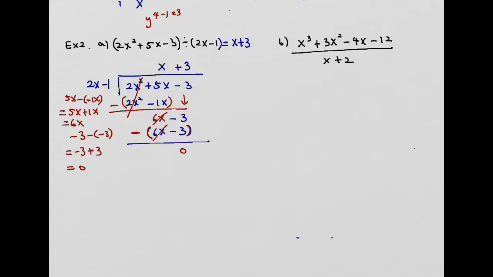And if you want to check these problems, you should be able to multiply these two to get those numbers back. If you multiply x plus 3 times 2x minus 1, you should be getting this back. That's how you can check your problem if you want to.